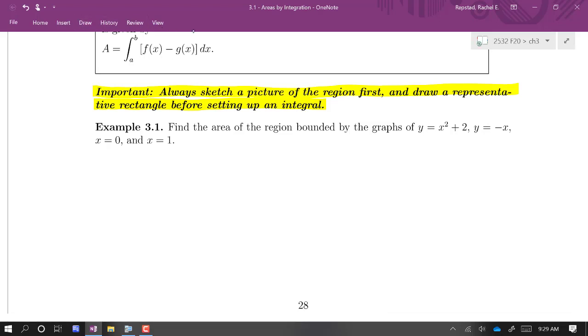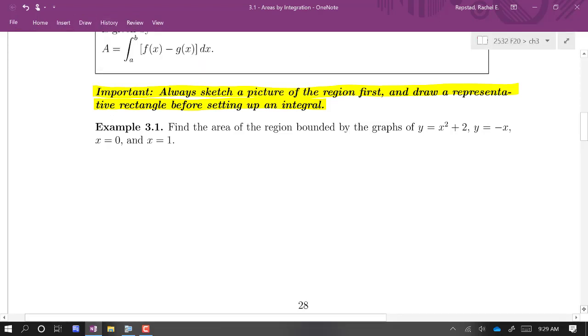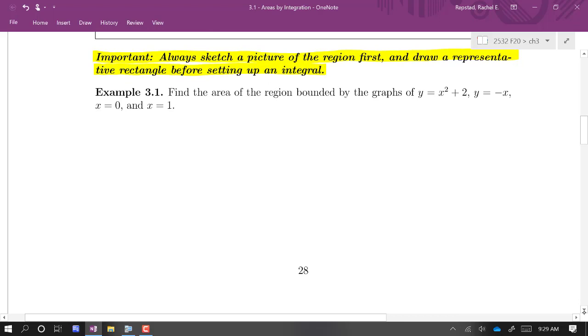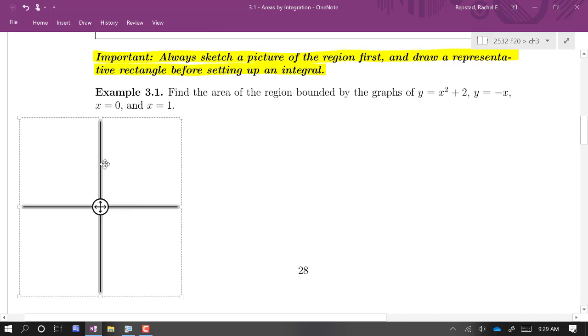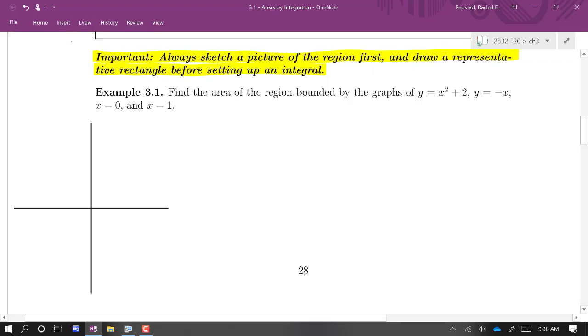But we want to make sure that we sketch the region so that we understand what we're looking at. It doesn't have to be a perfect sketch, but we want to do our best to get an idea of what it looks like. Feel free to use your calculator to help you sketch these graphs. These are fairly simple, so I'm just going to do it by hand.